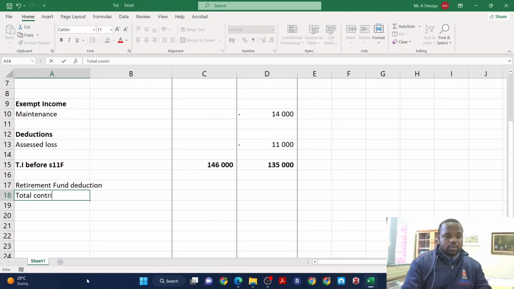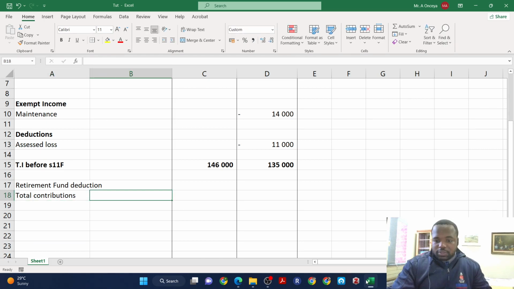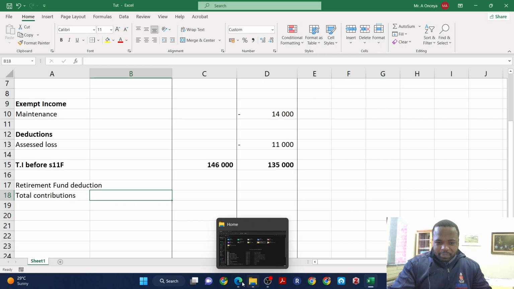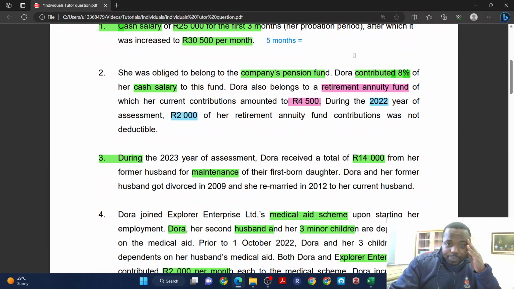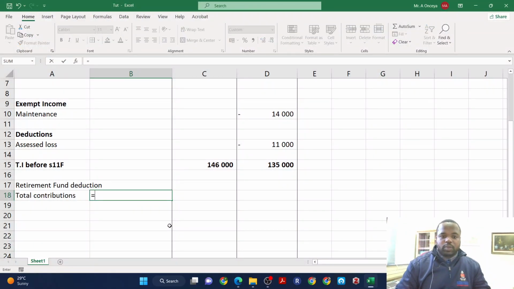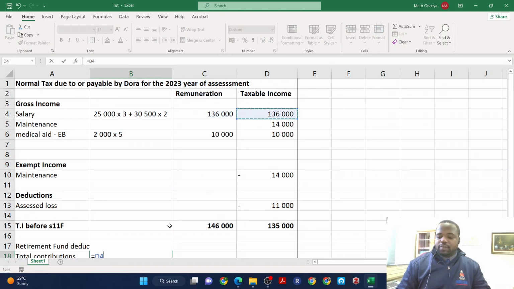Total contributions. She belongs to the company's pension fund and she contributed 8% of her cash salary to this fund. So we first deal with that. She contributed 8% of that, so we multiply that by 8%.